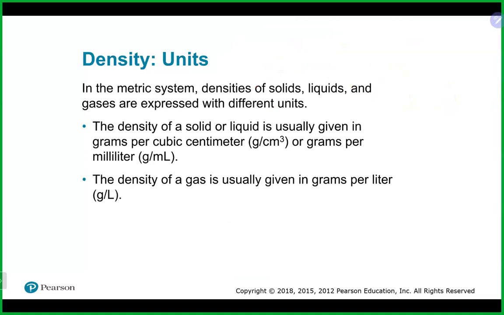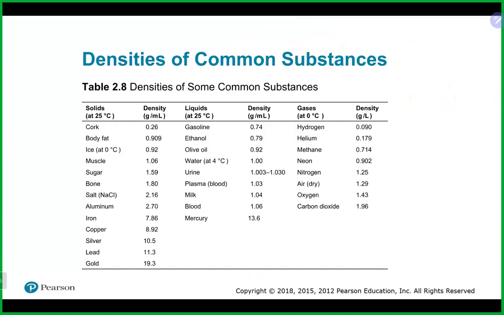So as I mentioned before, these are our common units of density: grams per cubic centimeter, grams per milliliter, and again, for gases, grams per liter. Here are some of the density values of some common substances.